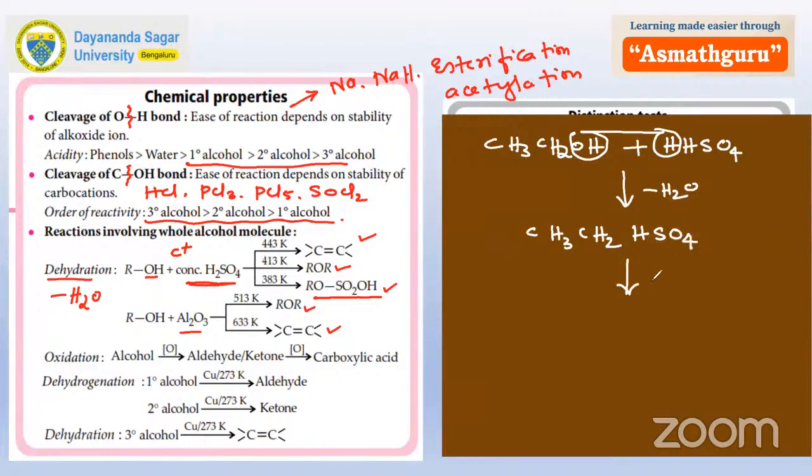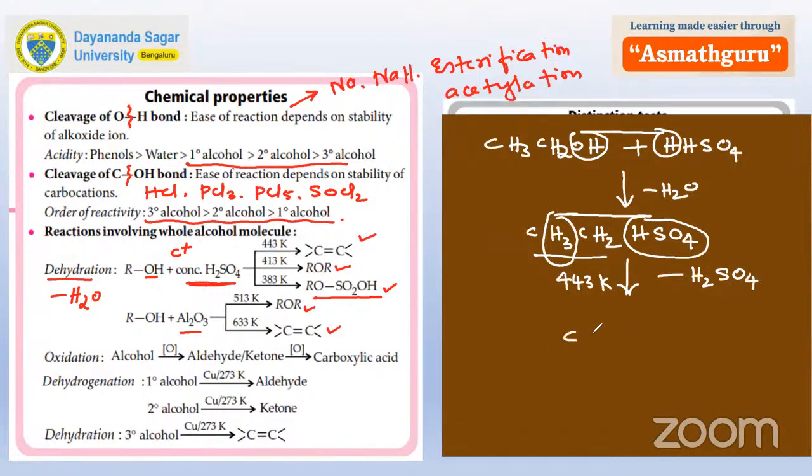This ethyl hydrogen sulfate again undergoes reaction at what temperature? Let us say at 443 Kelvin. What will happen? This ethyl group loses one hydrogen, and that combines with HSO4 to form sulfuric acid. What is remaining?